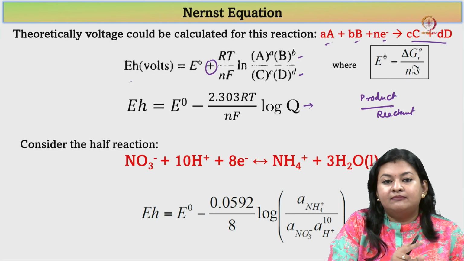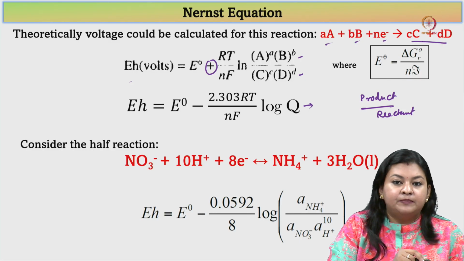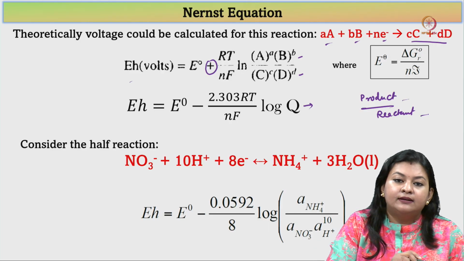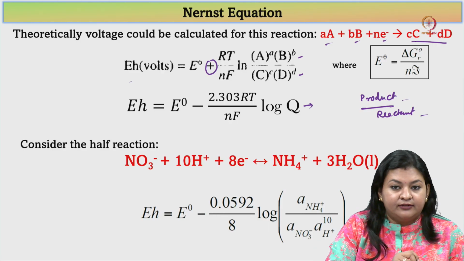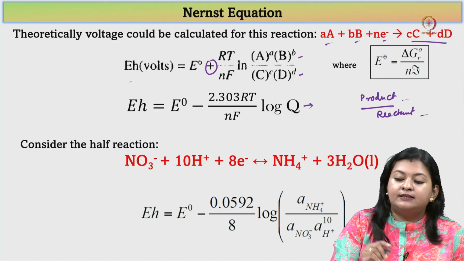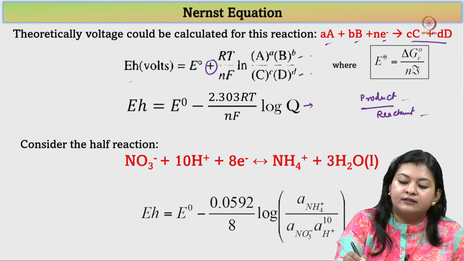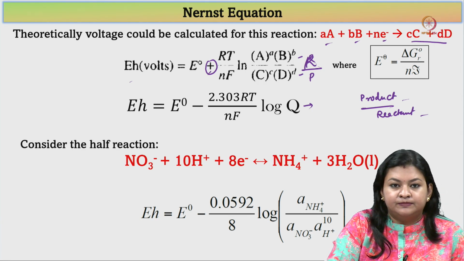So, just keep a note that if you are using product by reactant, then it should be negative. If it is reactant by product, then only it is going to be positive.